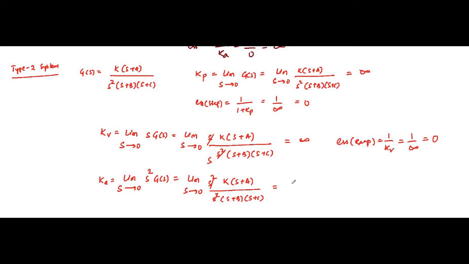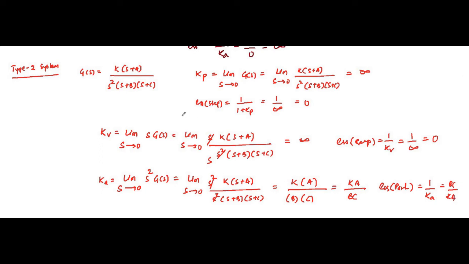So when we substitute 0 for all the s values, it becomes K into (0 plus a), which is a, then 0 plus b, which is b, and 0 plus c, which is c, in the denominator. So it is Ka by bc. It is a finite, non-zero value, not equal to infinity or 0. So the steady state error because of a unit parabolic input is 1 by Ka, where Ka is equal to Ka by bc, so this becomes bc by Ka.